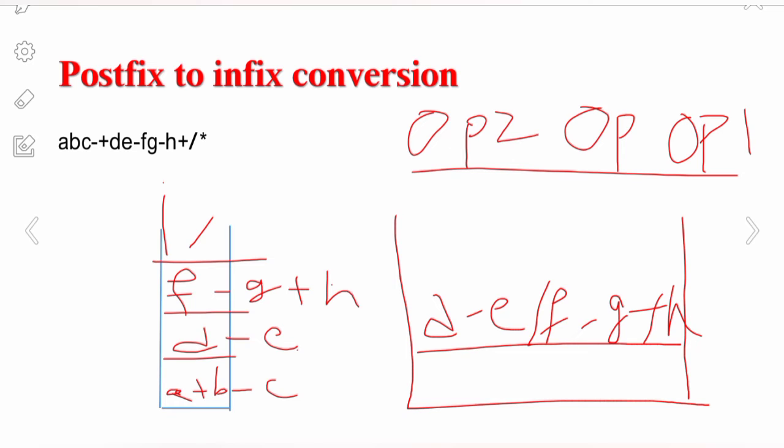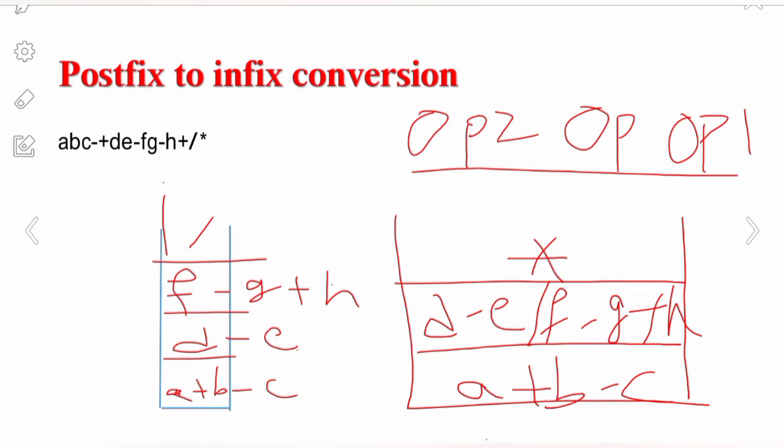Next, again in the operand 1, we have a plus b minus c. So these are the two elements, right? So again we are going to push the multiplication operator here. That means the operator is available now, so again we will apply the same formula.